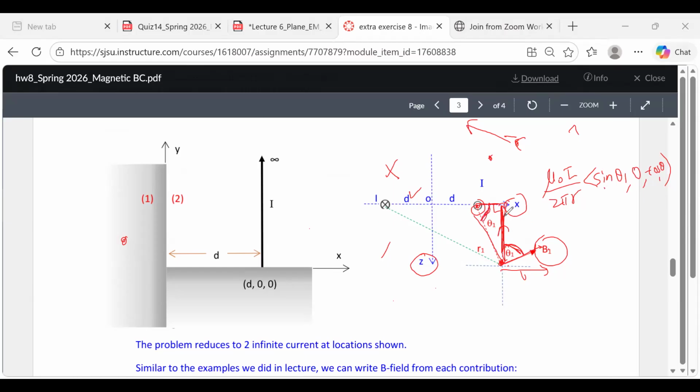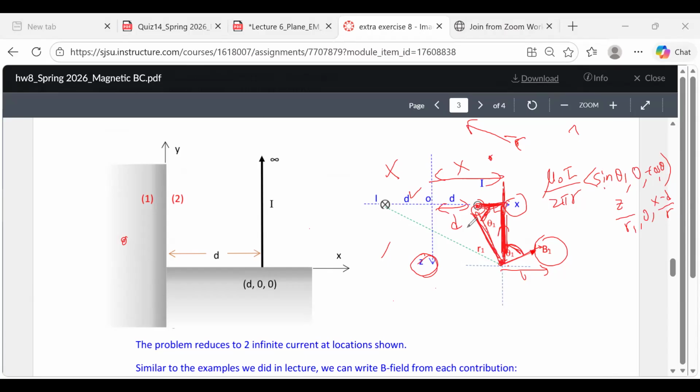What is sine theta? Well, this over my r. What is this? This is my z. So this is z over r1. What's my cosine? Here is x, here is d, so this is x minus d.